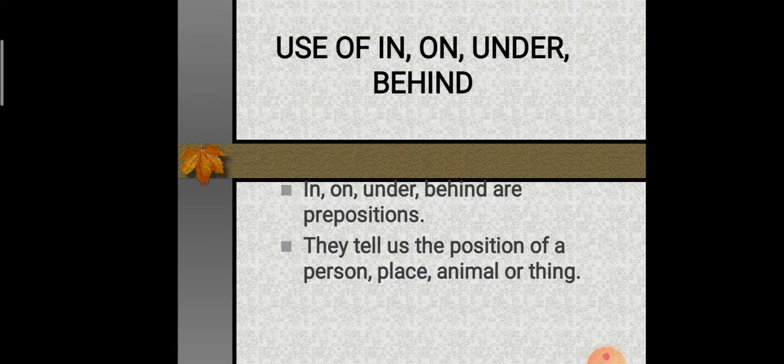Means in, on, under and behind, all these are used to tell the position of anything like a person, place, animal or thing. It tells us where the thing is kept.